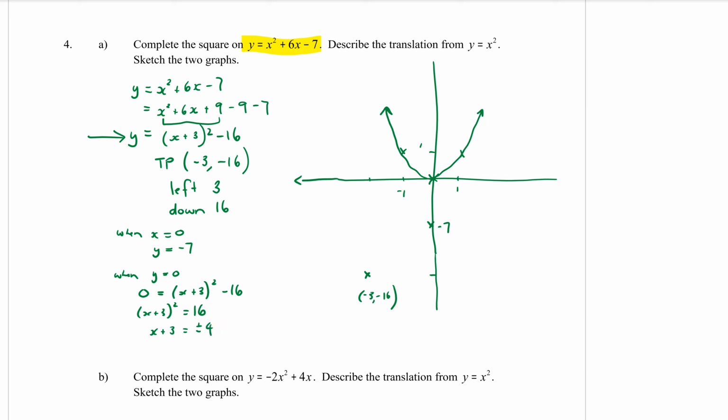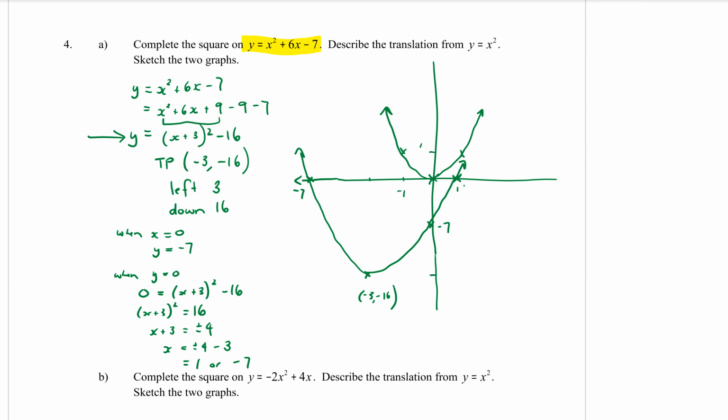And then finally move the 3 across to the other side. So minus 3. That will give me two solutions. 4 minus 3 is 1, or minus 4 minus 3 is negative 7. So x equals 1 is marked on my graph already, and let's put negative 7 down here. So my parabola is going to come up through both of those intercepts and the minus 7 as well.